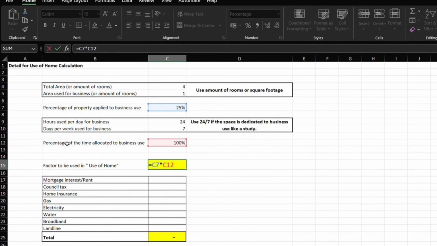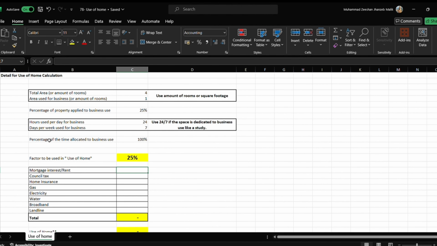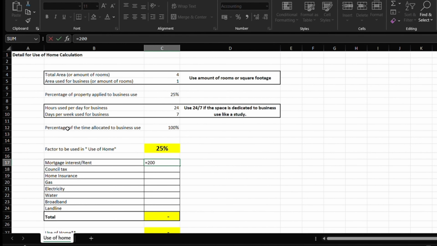Now the expenses that we have discussed earlier are mortgage interest or rent. In our case we are paying rent of £2,000 per month, so £2,000 multiplied by 12. Council tax is £300 per year, and home insurance is £350 per year.